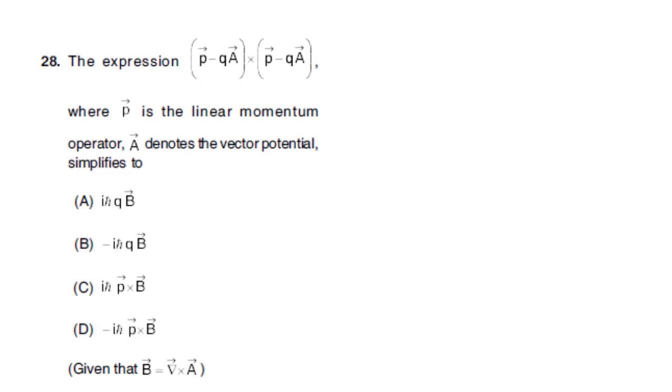The expression P minus QA cross P minus QA, where P is the linear momentum operator, A is the vector potential, simplifies to what? Now let us consider P minus QA cross P minus QA.